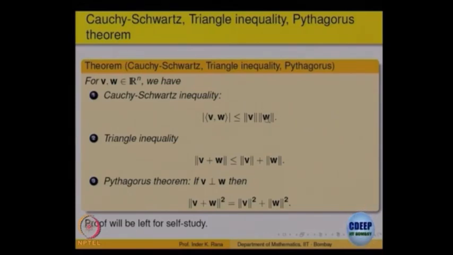But here in Rn you first prove this and then define the angle. In R2 and R3 this is not proved using cos theta, and in Rn we do not know how to define the angle beforehand, so you first prove this.